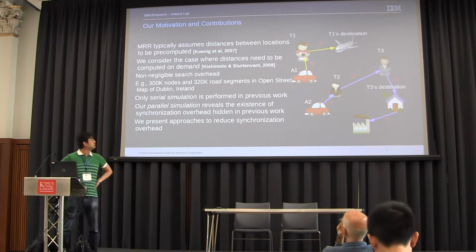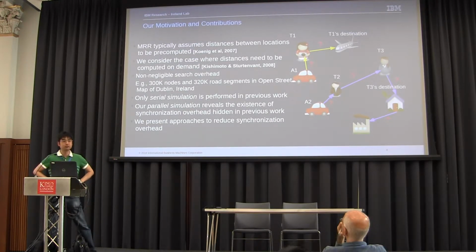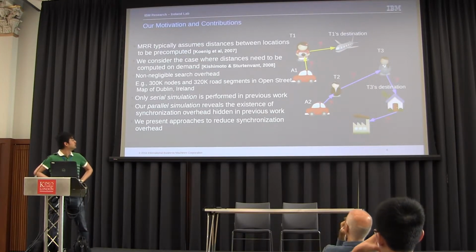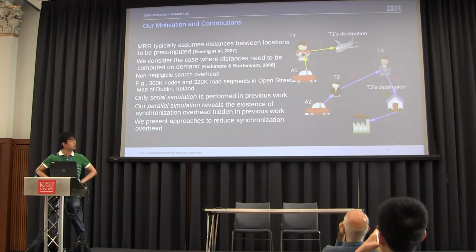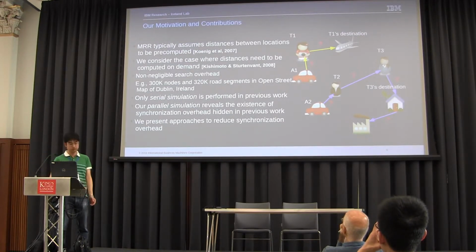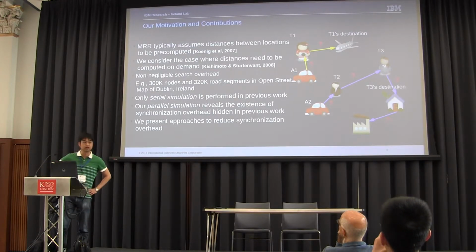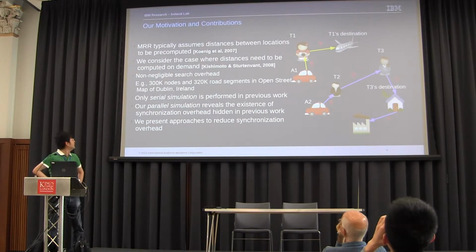However, we consider the case where we need to calculate the distances on demand, which means that whenever we have a target and agent, we don't know how much time it's going to take to pick up this target, for example. And we need to perform calculation, especially based on pathfinding on the road network.